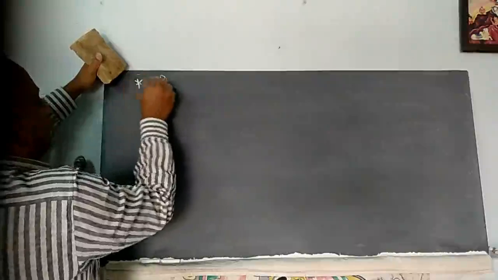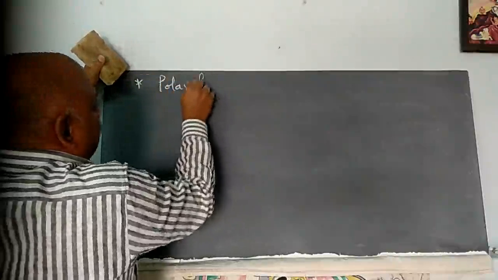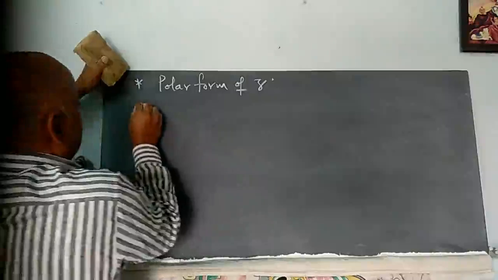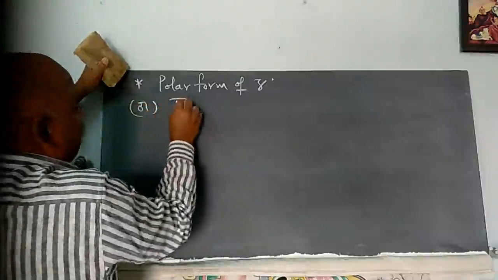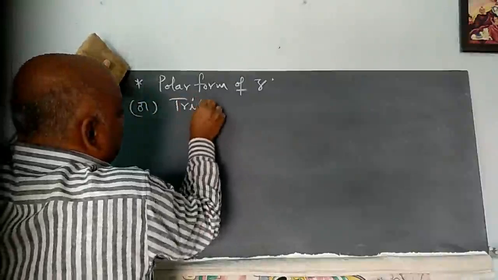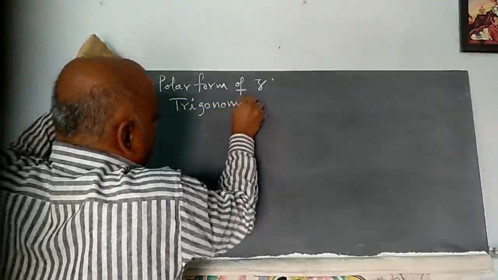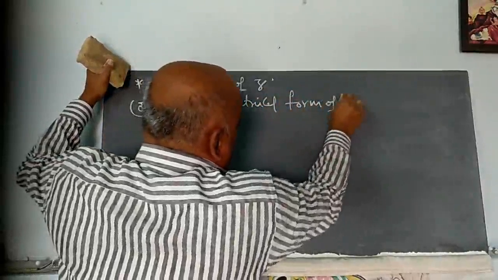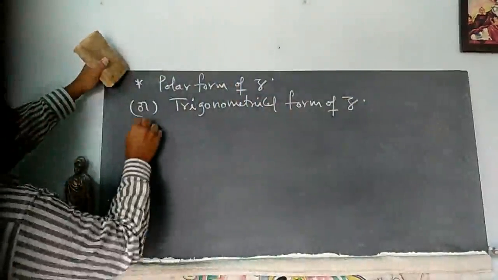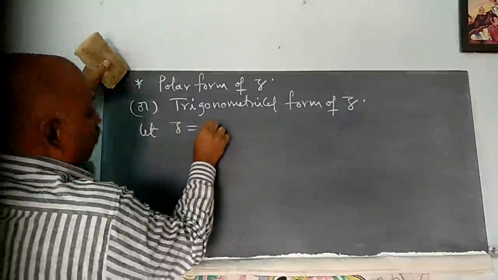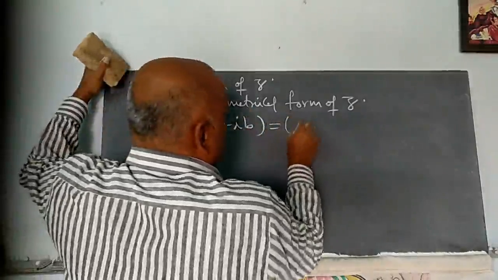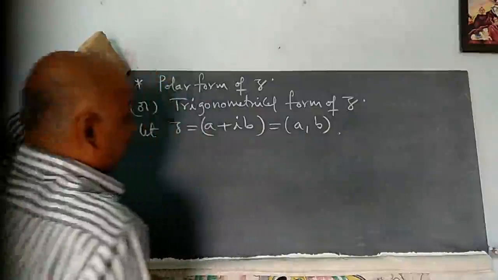Next, polar form of Z, or trigonometrical form of Z. Let Z is equal to A plus iB, which is the ordered pair (A, B).